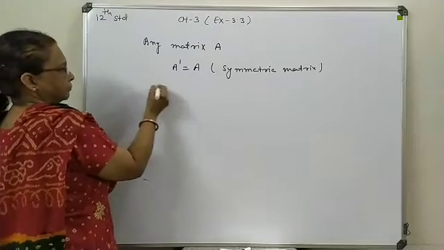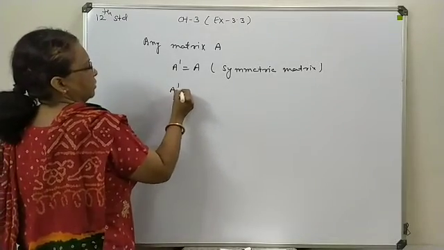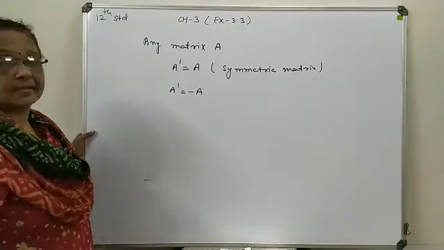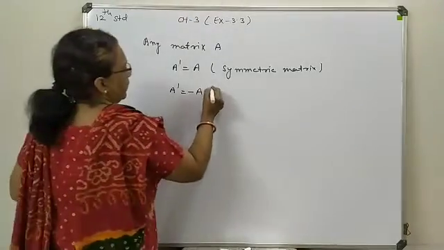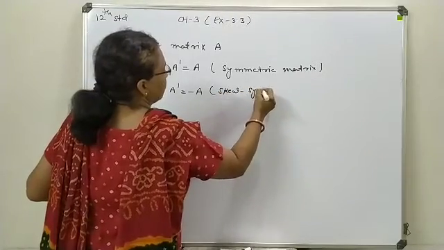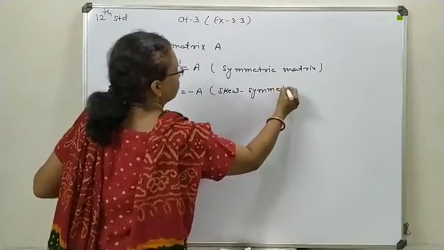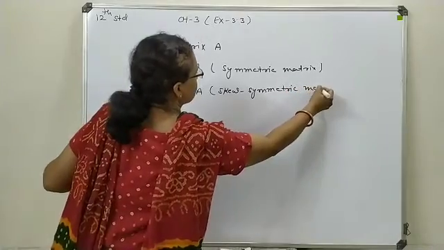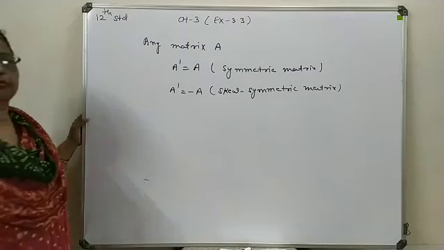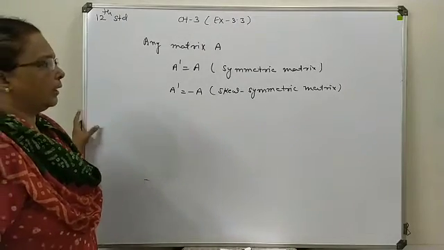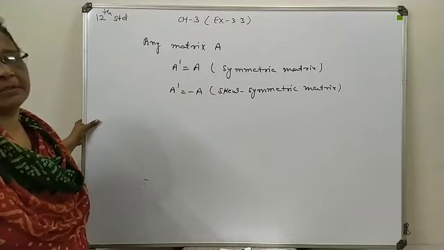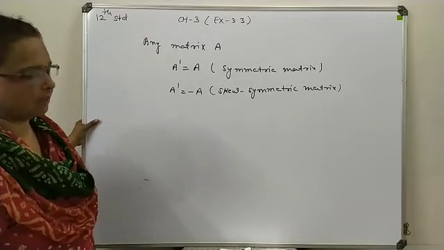If A transpose comes out as minus A, it is considered a skew symmetric matrix. So we have to keep these two things in mind while attempting questions based on the evaluation of symmetric and skew symmetric matrices.